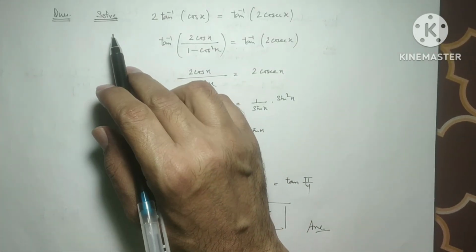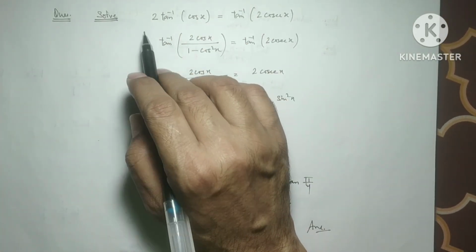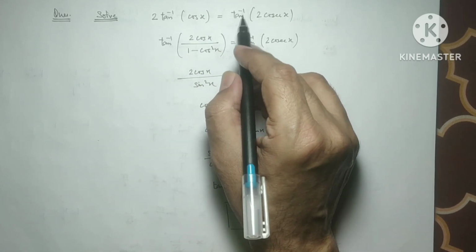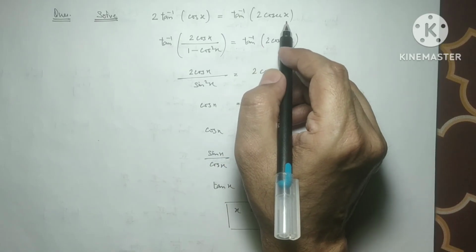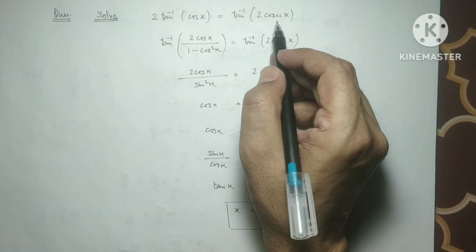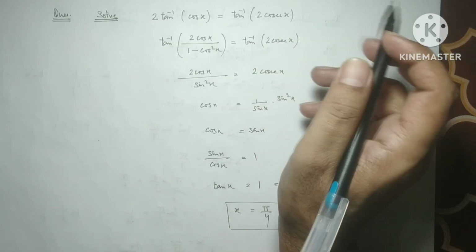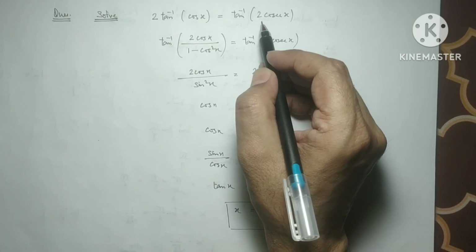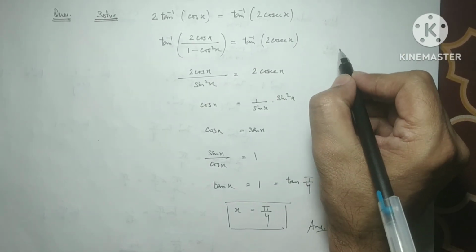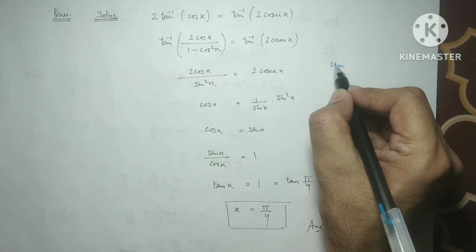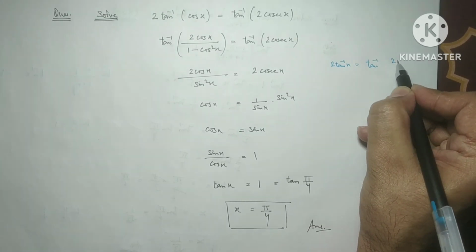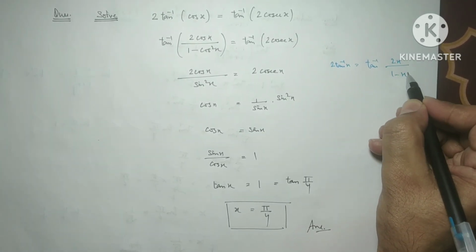Now next question. Solve this equation. It is twice of tan inverse cos x equals to tan inverse of 2 cosec x. Right now 2 is outside tan inverse, but in right hand side 2 is as a value, 2 into cosec x. So the formula of 2 tan inverse x is tan inverse of 2x divided by 1 minus x square.